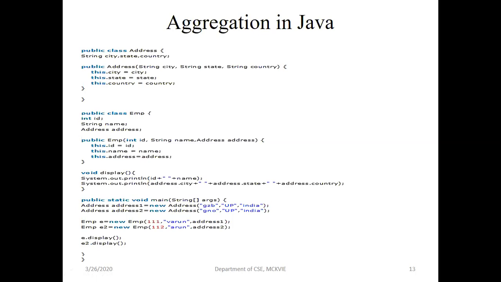So this is called aggregation, which we can implement in Java. So it's basically a has-a relationship. Inheritance is an is-a relationship, and aggregation is a has-a relationship, which can be implemented in Java.